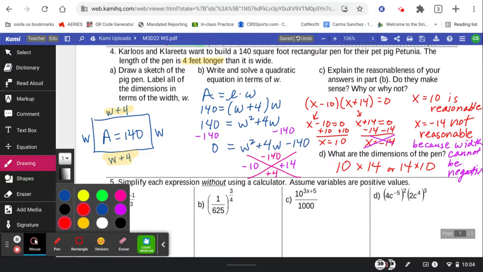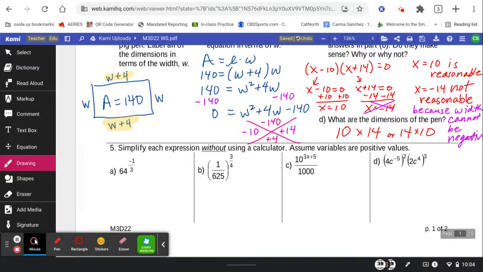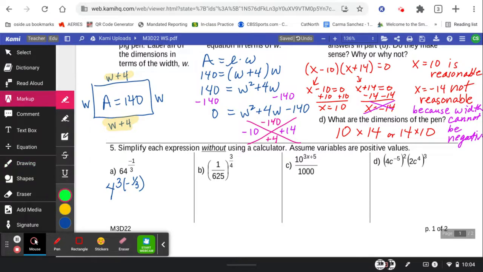All right, we just did this word problem in class together, so we're bumping down to these. Here we go. Tia or Tehani's way. Which one are you doing? So for this first one, 64, this could be done easily with the neon green sheet, doing Tehani's way. What's another way of saying 64? We could rewrite 64 as 4 to the third, and then times that negative 1/3 already existing exponent. 3 times a third is just 1.